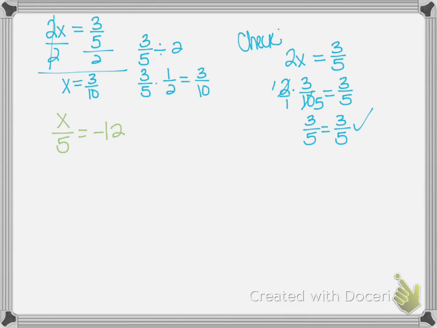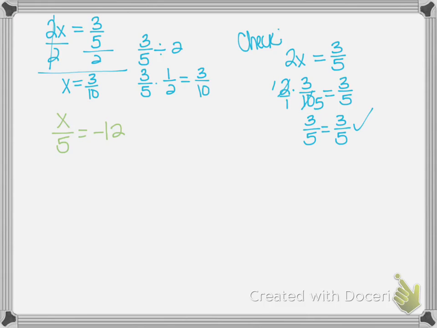All right, x over 5 equals -12 is our next example. Looking at the left-hand side, a reminder that the fraction line means division. So it says x divided by 5. So the opposite of division is multiplication. So since we are taking that variable and dividing it by 5, then we need to multiply by 5.